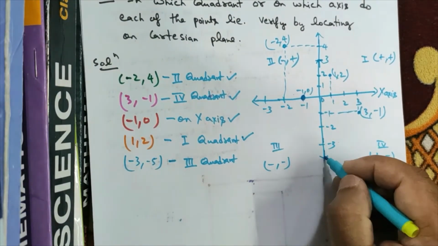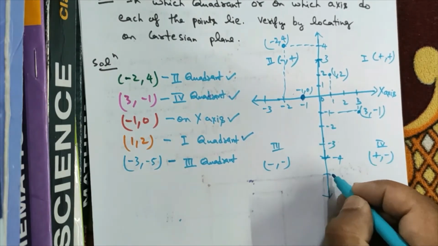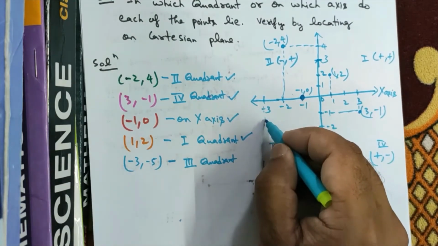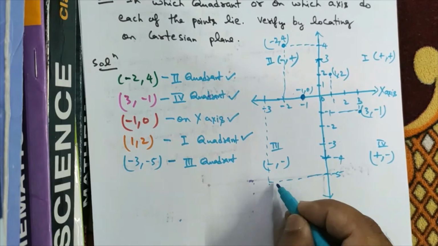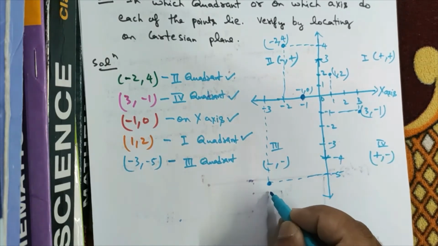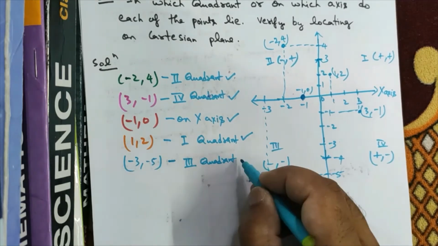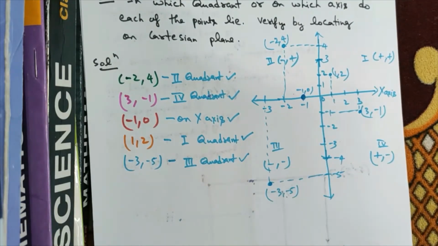For this we have to extend this line. -4, -5. -3, x is -3 and y is -5. So the point will be somewhere around here. So this is also in the third quadrant. So all these points are verified.